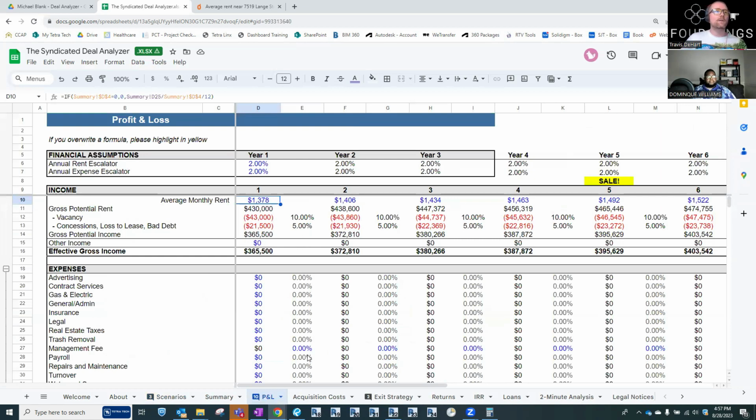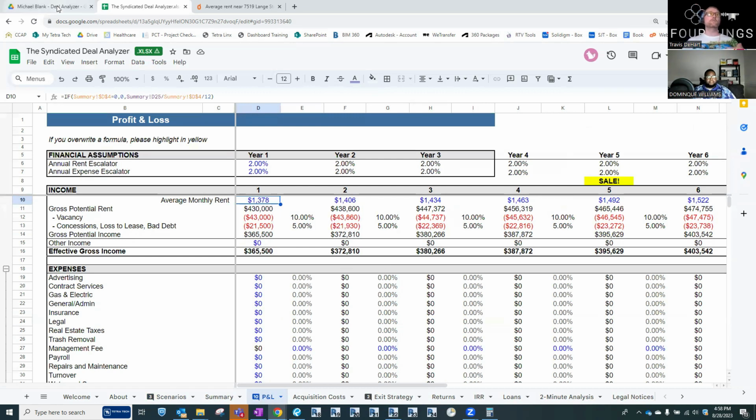And if you come over here to the P&L tab, you can see that that was updated average monthly rent. The numbers are significantly different. It changes the picture entirely. That's not to say that that's going to happen on every deal, but that would be the next thing you would look at: verifying what those market rents are to see, is there any flexibility with being able to bump these rents up or not?